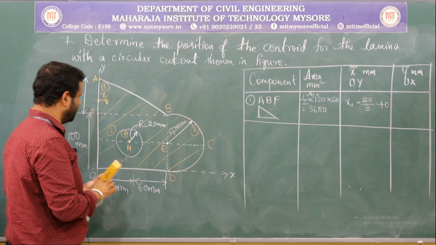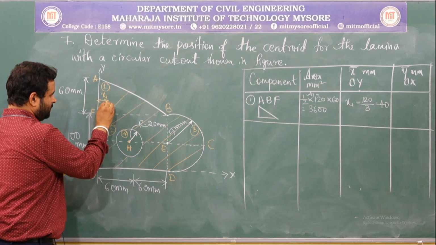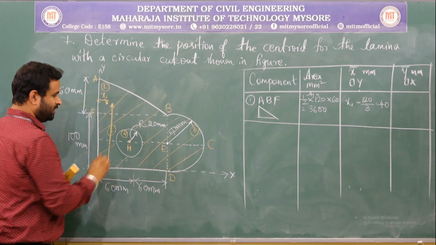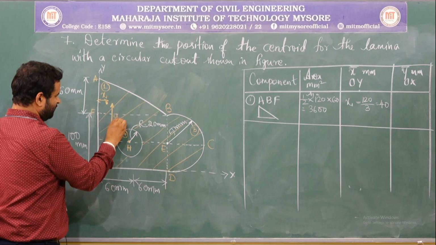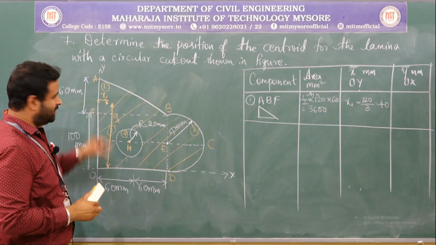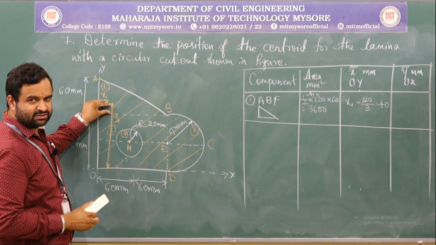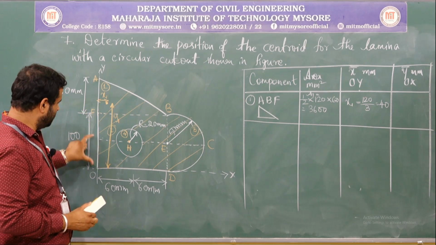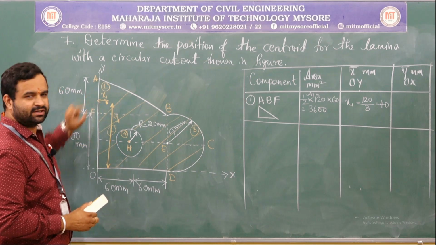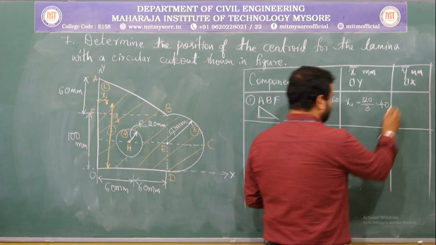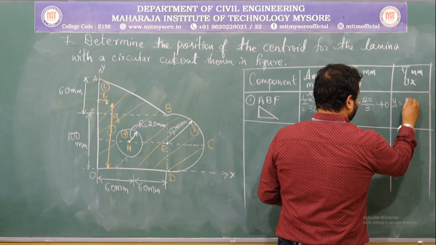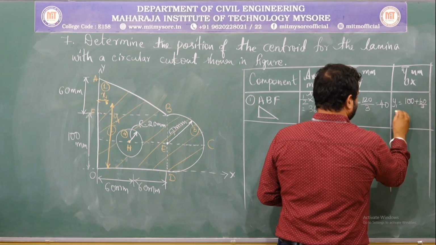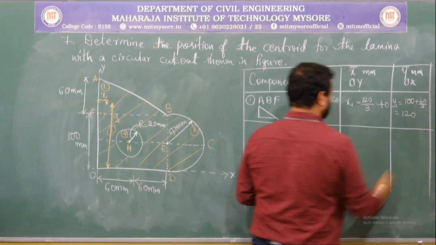Now, coming to y1, measure the same distance with respect to OX axis, which is y1. We had determined this distance, which is h by 3. If you measure it with respect to OX axis, you have to add 100 mm plus h by 3. H is 60 by 3, which is equal to 120 mm.